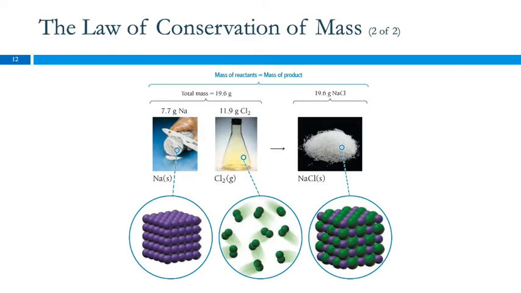Chlorine gas, if you inhale it, does severe damage and can kill you, so also not good. But you put those together and you get table salt, which is at some level necessary for life, right? Of course, like almost anything, if you have too much of it, it'll kill you. Well, what's the mass of sodium chloride that gets made? 19.6 grams.